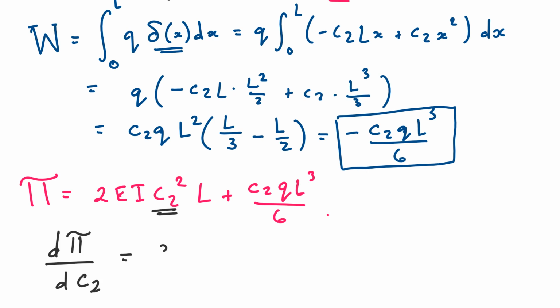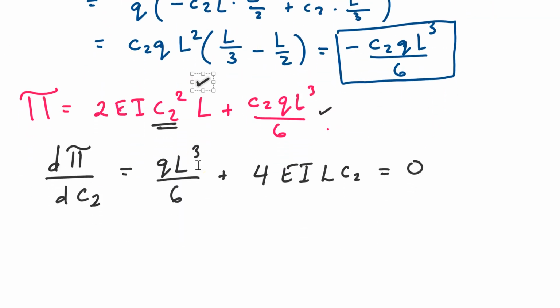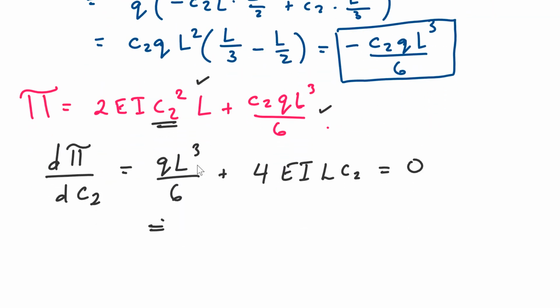And what that's going to give us is QL cubed over 6. This guy is done. Plus 4EI L C2. Okay? And this is equal to 0 because we are finding the minimum. And when we find the minimum, we take the derivative, and of course we set it equal to 0.